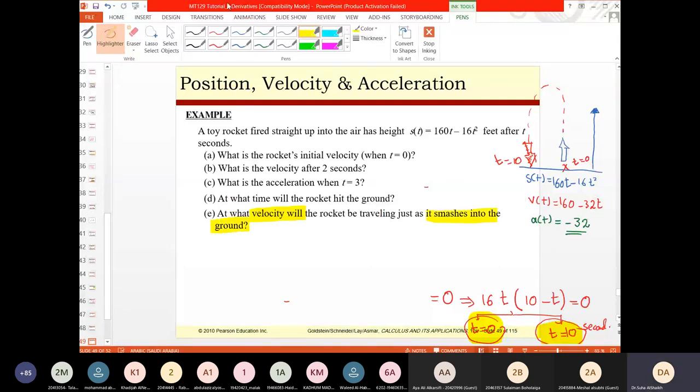Okay, how did the 10 come? We have this equation, Osama: 16t times 10 minus t equals 0. So two amounts multiplied are equal to 0. Either this is zero or this is zero, right? Either 16t is zero or 10 minus t is zero. Solving this gives me t equal to 0. Solving this gives me t equal to 10. We should have covered this step in chapter 1.